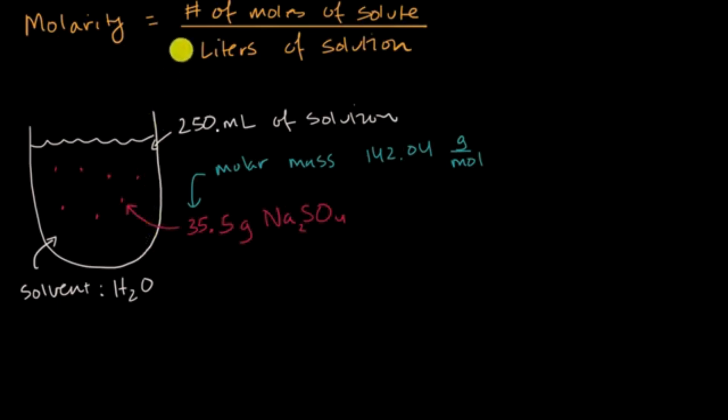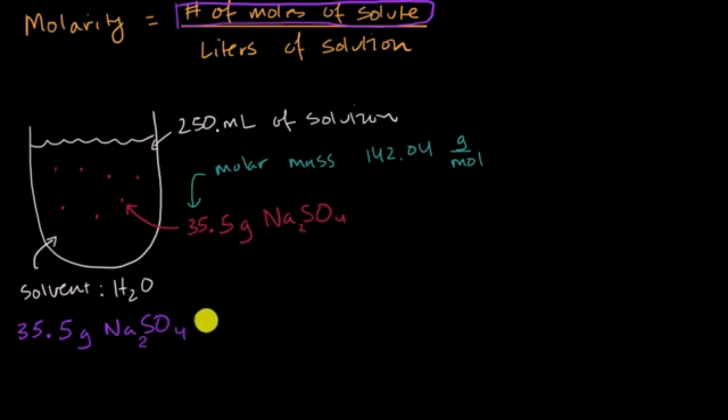All right, now let's work through this together. So first, we want to figure out the number of moles of solute. So we can start with the mass of solute that we have right over here. So we have 35.5 grams of sodium sulfate. And now if we want to figure out the number of moles, I'm going to multiply this times something that would cancel out the grams. And so I don't want grams per mole, I want moles per gram.